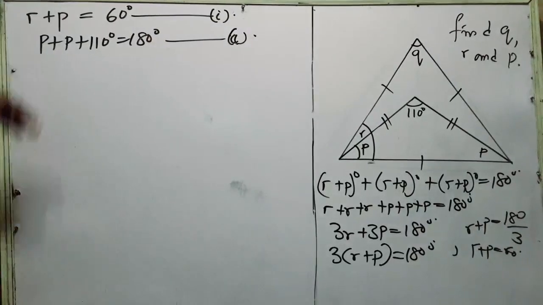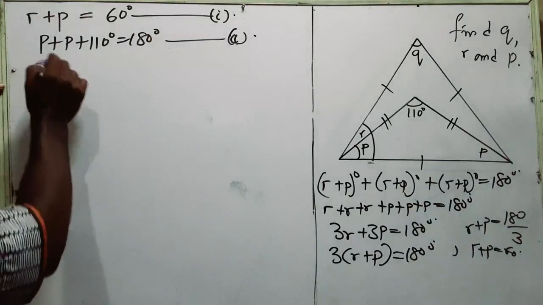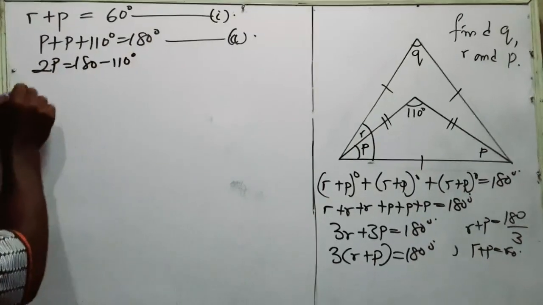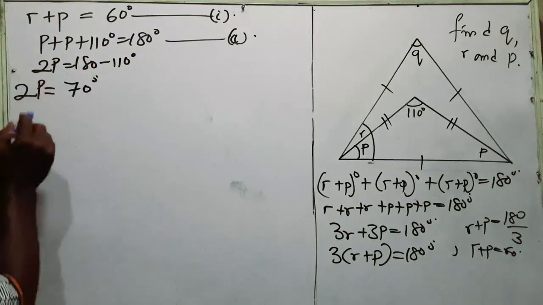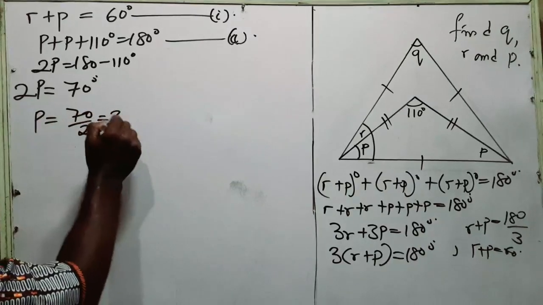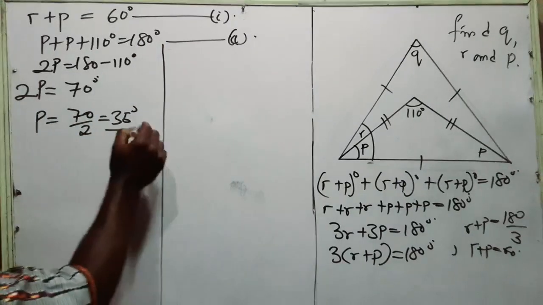So we have 2P is equal to 180 minus 110 degrees. We have 2P is equal to 70 degrees. So our P will be 70 divided by 2, which is equal to 35 degrees. So now P is equal to 35 degrees.